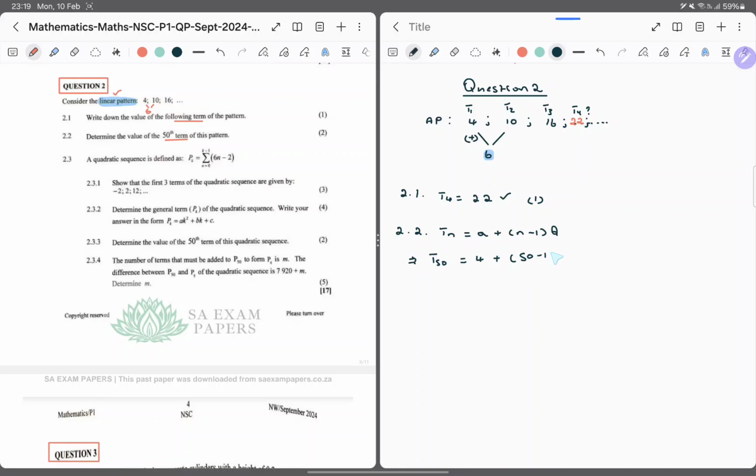We put 50 where n is, and we put the common difference. Therefore, T sub 50 is, let's put it on the calculator, 4 plus 50 minus 1 times 6. Just plug it in as it appears. I'm getting 298. Okay, so that's easy.